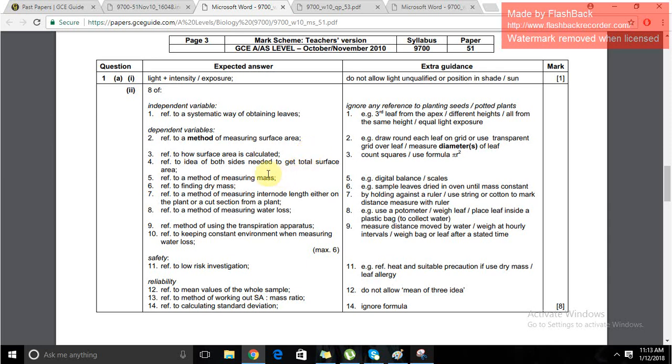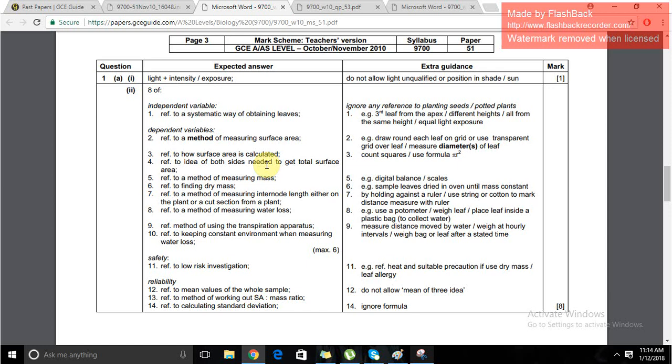Reference to a method of measuring mass: digital balance. Finding dry mass. Example, sample leaves dried in oven until the mass is constant. Reference to a method of measuring internode length, either on the plant or a cut section from a plant, by holding against a ruler or using string or cotton to mark distance, measure with ruler.